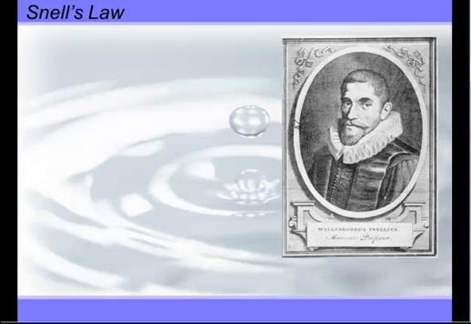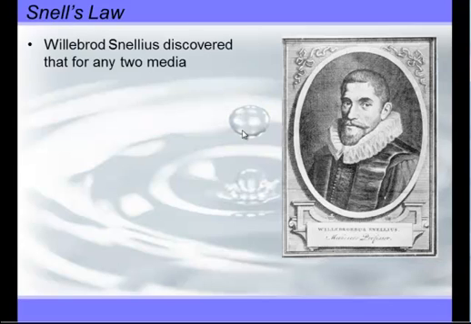All this comes down from Snell's law. A guy called Willebrord Snellius discovered that for any two media there was a relationship. The relationship showed that sine theta 1, that's the angle of incidence, divided by sine theta 2, that's the angle of refraction, equals a constant.